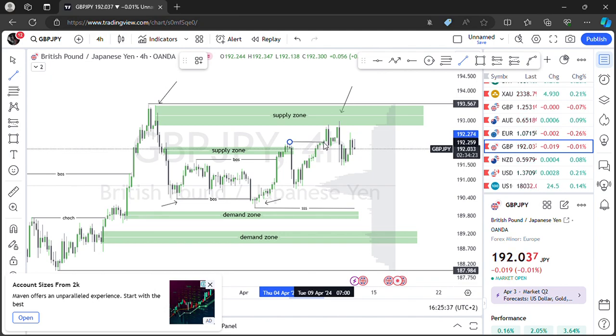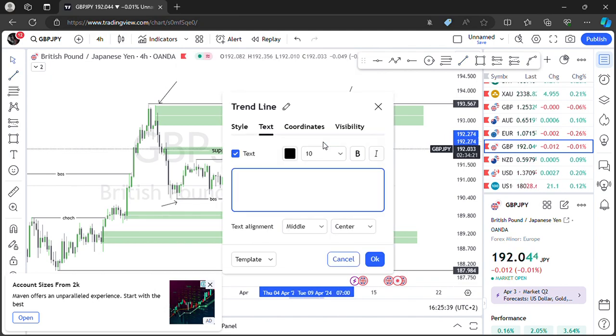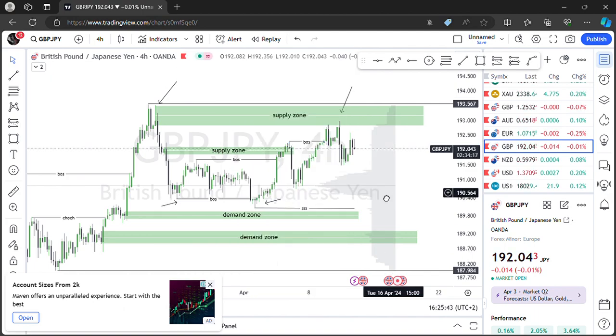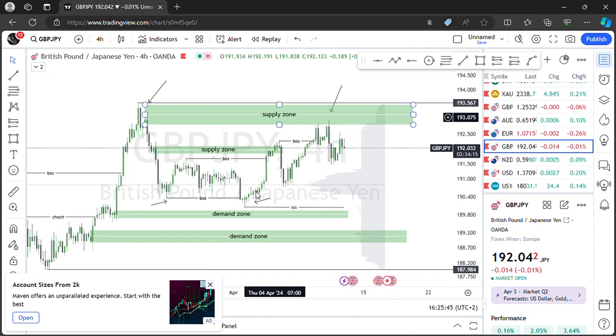We mark this area as our BOS, break of structure. When it gave us these breaks of structure, there was liquidity resting above those areas, so it took out buy side liquidity, and then now we got a clean rejection from this supply zone.